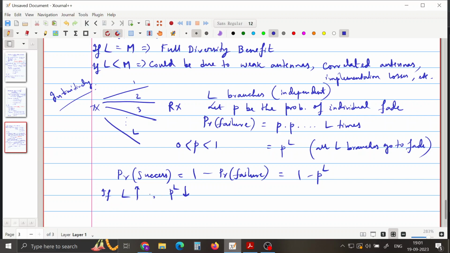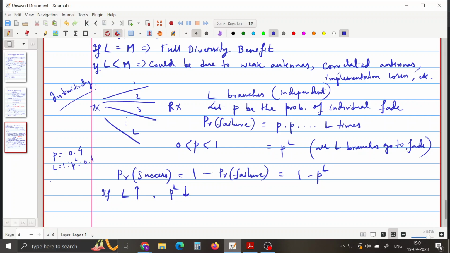Because let's say you take p equals 0.4, and initially you had L equals 1, then p to the power L is simply 0.4.